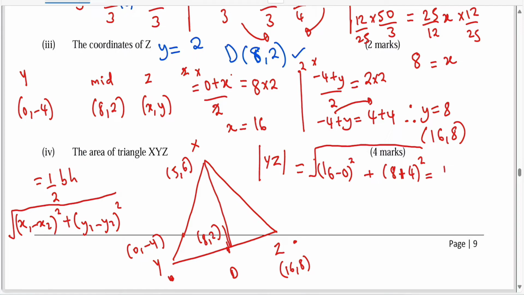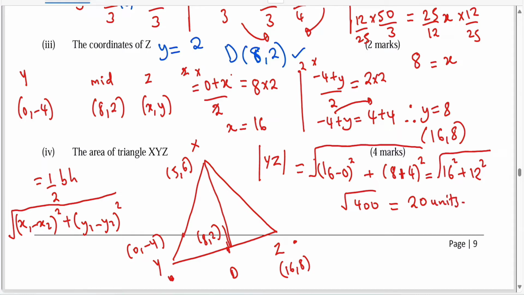So 16 squared plus 12 squared and square root. So 8 plus 4 is 12. 16 squared plus 12 squared, and then square root here 400, which is 20 units.